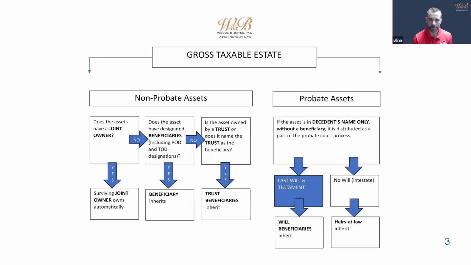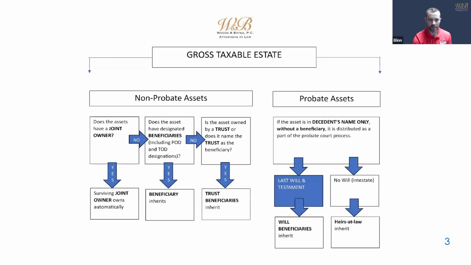So I want to talk first about what is the estate of the deceased. There's some language that we typically use. We talk about a gross taxable estate, and at the top of this chart here, you'll see that the gross taxable estate consists of everything that the decedent owned at the time of their death. We differentiate in our world between what we call non-probate assets and probate assets.